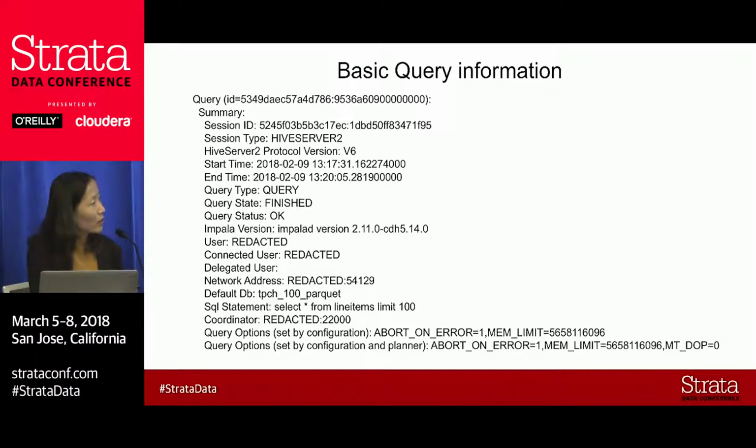So the Impala version is shown in the basic query information because each version might have different features. So sometimes you want to pay attention to the version here. Since I modified this one a little bit, you don't see the real string here. Usually the Impala version will indicate whether this version is a debug version or release version.